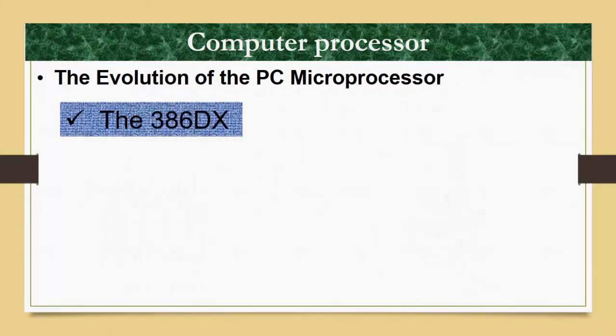The next one is the 386DX. Students, the first of the 386 processors introduced by Intel was the 386DX. The 386 was a true 32-bit processor and included 32-bit internal registers, a 32-bit internal data bus, and a 32-bit external data bus.